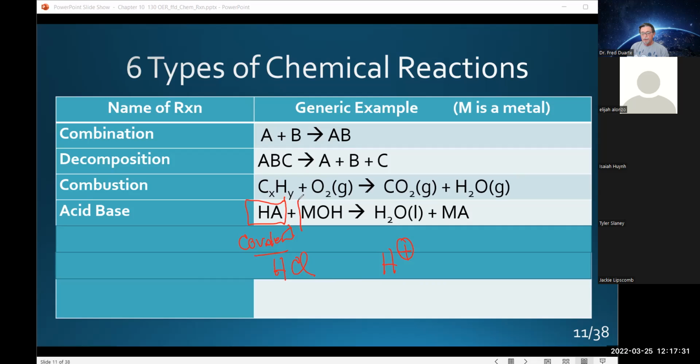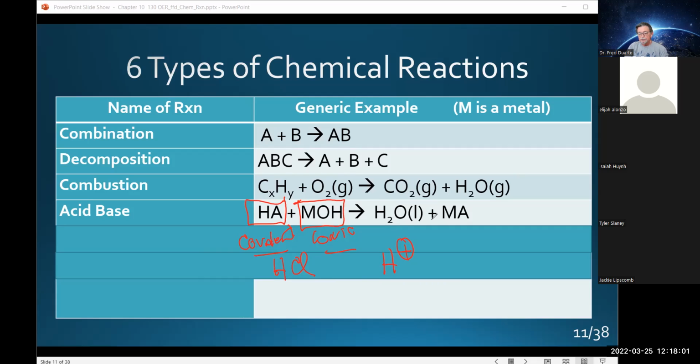Now, with respect to a base, notice this. Bases are those species that, when dissolved in water, generate the hydroxide polyatomic ion. And if you look at the general formula, it is an ionic compound because it's a combination of a metal and a nonmetal. So we have a covalent compound, acid, in the presence of an ionic compound, base.